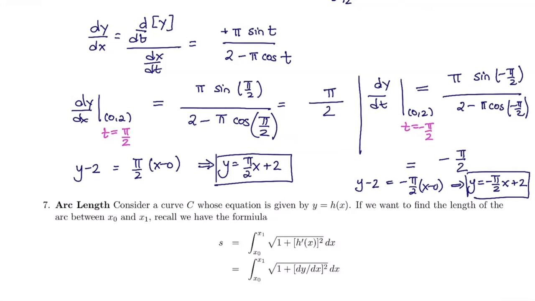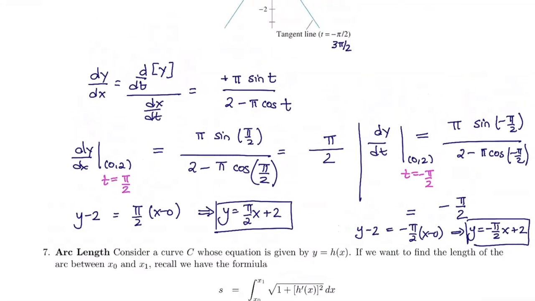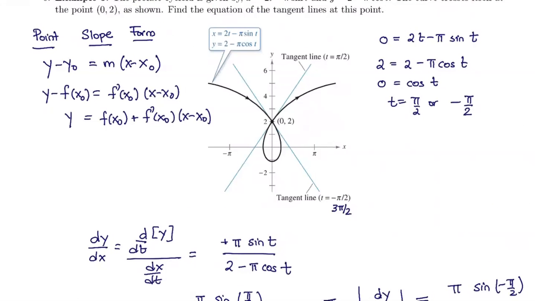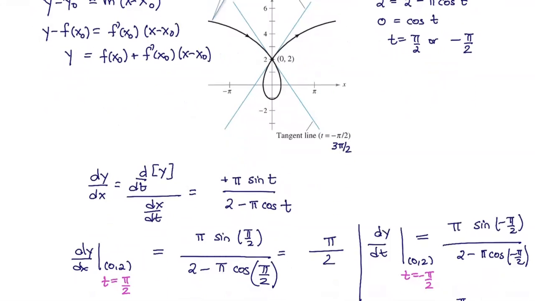What is most important for you just to be able to do with this, and what makes this a challenge, is being able to decide the information that you need. For example, when finding the slope of the tangent line, we know that we need the y and the x value. But when we're looking for dy/dx, we don't need the x and the y value, we need the t value.